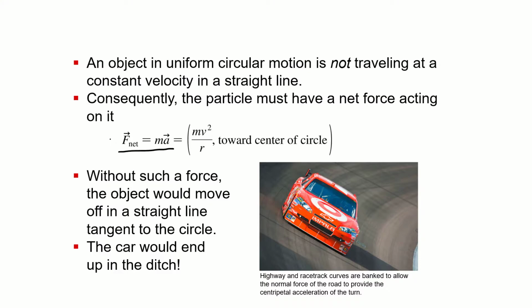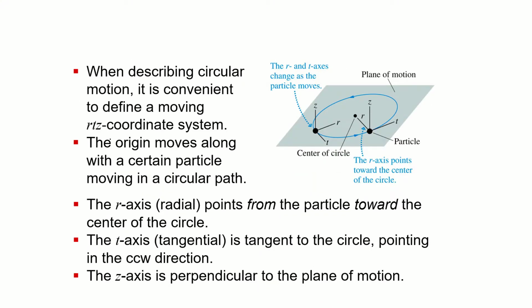You can think about this if you've ever held a rope or something and spun it around. You have to pull on the rope with some tension to keep the tip of the rope traveling in that circle. All right. Similar to what we had when we were doing kinematics, that acceleration is changing direction as we move around the circle.